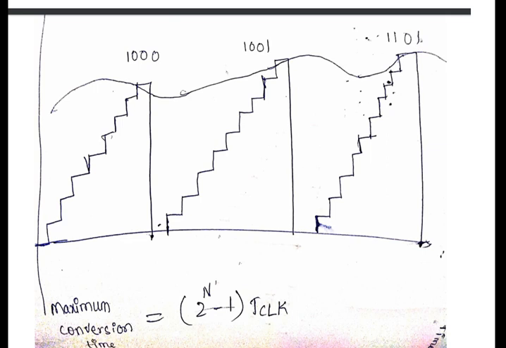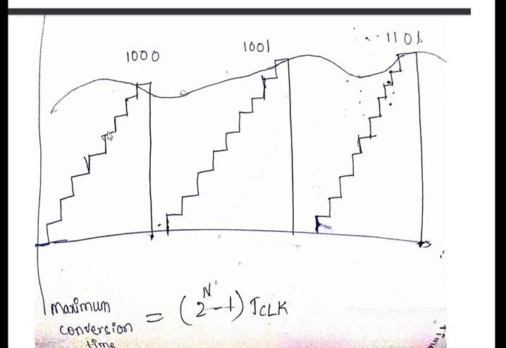But it has one disadvantage. For example, we take a 4-bit counter type ADC. We are counting up to 1000, that is equal to 8. So the DAC output will be like this.